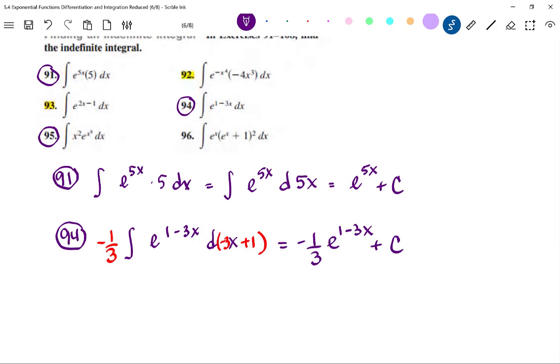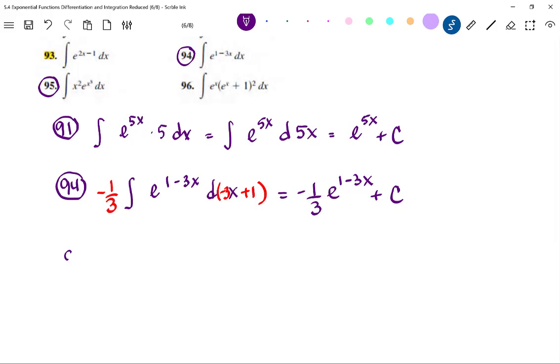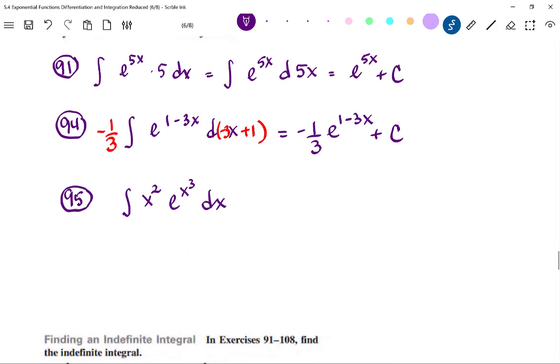Now for question 95, we have the integral of x squared times e to the x cubed dx. We can think about this problem in two different ways. First of all, we can say, well, let's partially integrate just x squared.